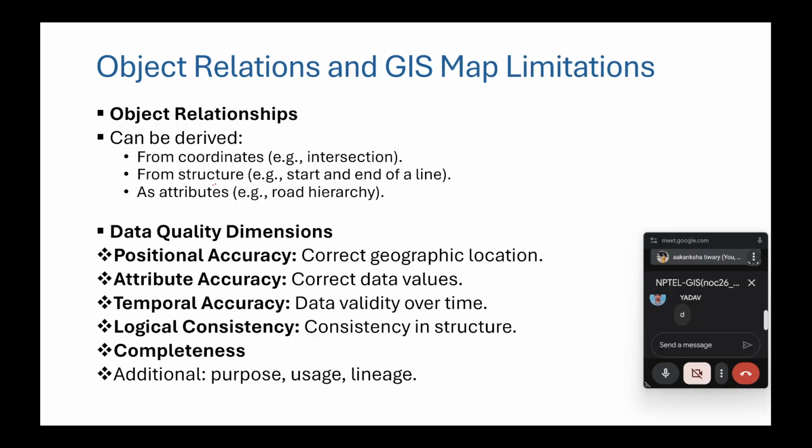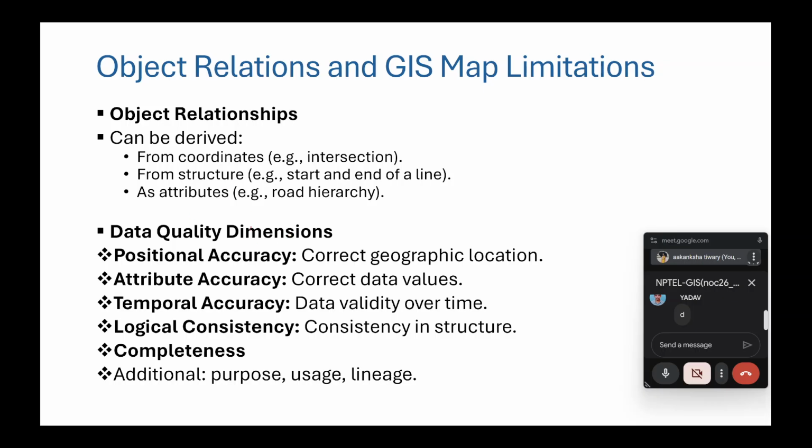Second, it can be derived from structure, so start and end of line, and attribute. So what is the information or value that we have for that location? Okay, so if suppose there is some area which has high digital elevation, so that can be a high elevation area, so that attribute is there. So this kind of relationship can be derived from these three.